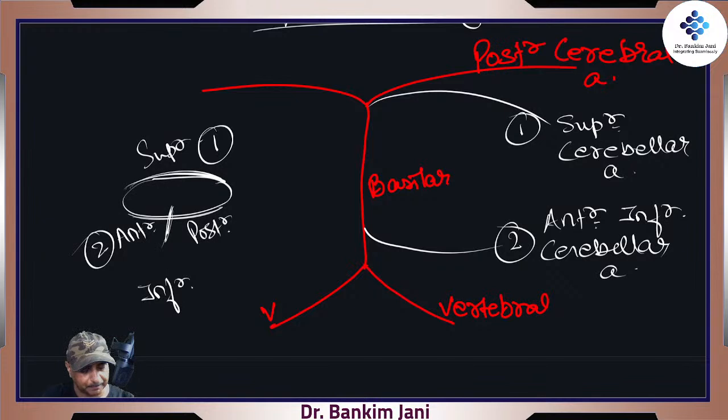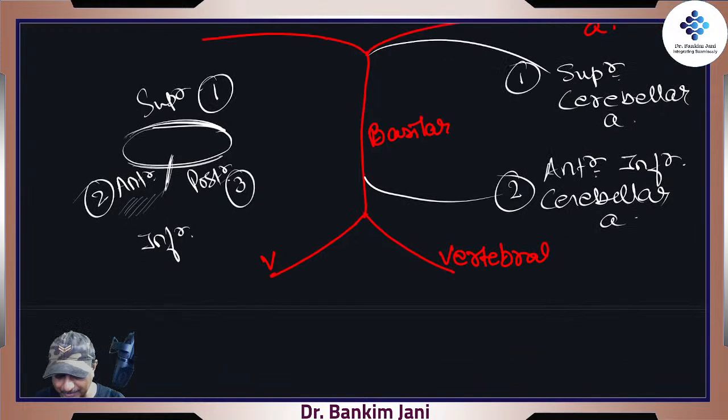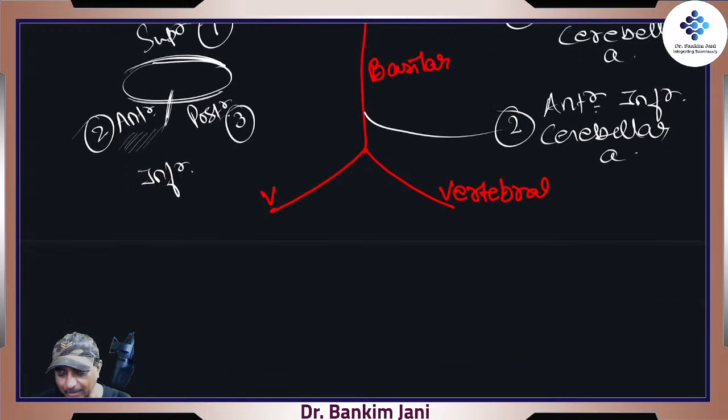So this part. This third one, its name should be posterior inferior cerebellar artery, and that posterior inferior cerebellar artery is a branch of the vertebral. This is vertebral.